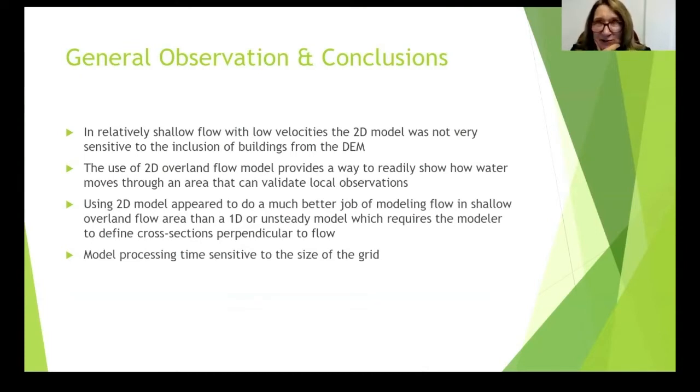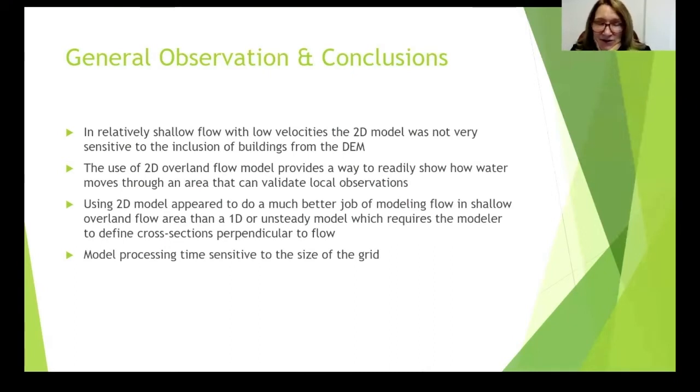It gives them a considerable amount of comfort and relief, and really validates our model when they feel we've done a good job, when that model actually reflects what they really see happen during a major high water event.